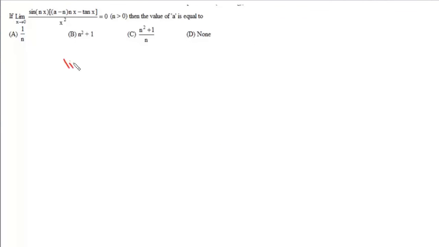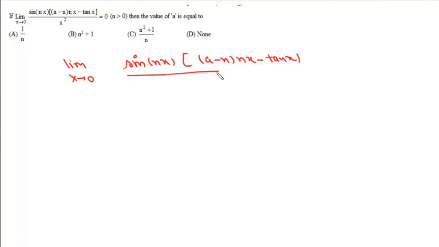Now here the question is, we are given that this limit x tends to 0, sin nx into this a minus n into nx minus 10x upon x square, is equal to 0 for n greater than 0.